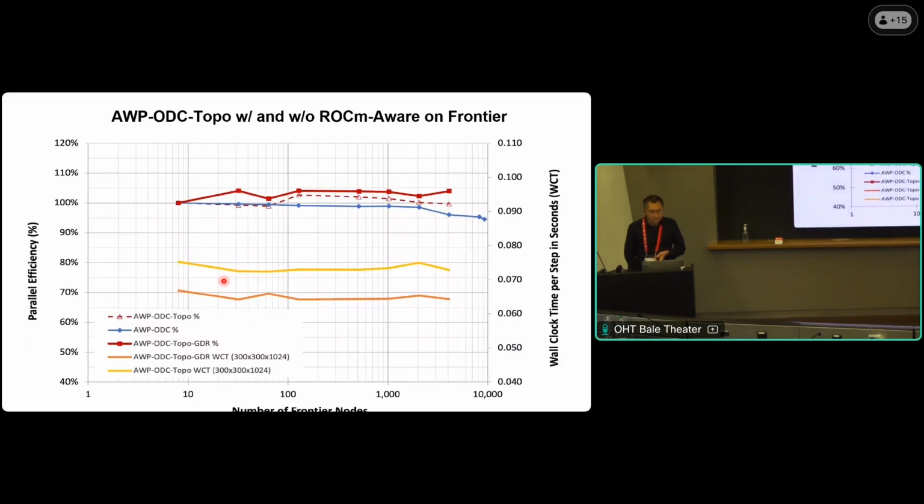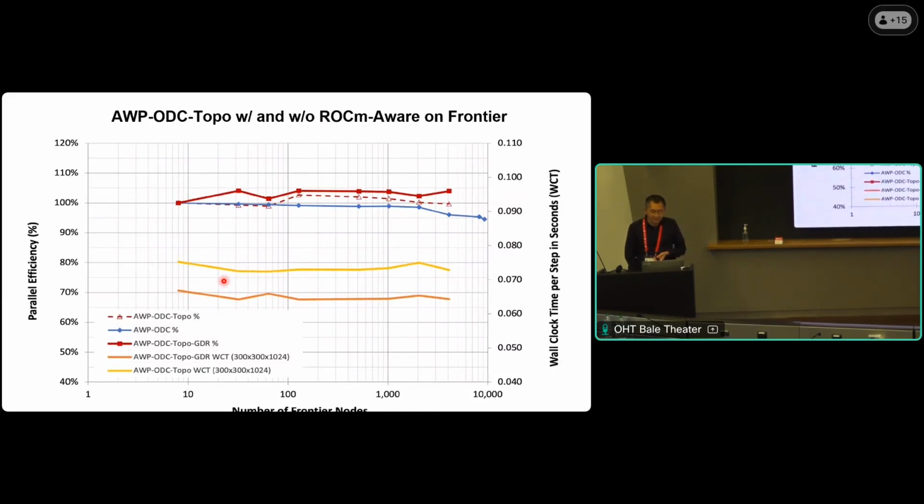If we compare a little more, we also implemented the GPU-aware feature into this code, which still needs to be modified, and compare to the linear code and the topo code, in terms of parallel efficiency, you see the parallel efficiency with the topo code is even better.